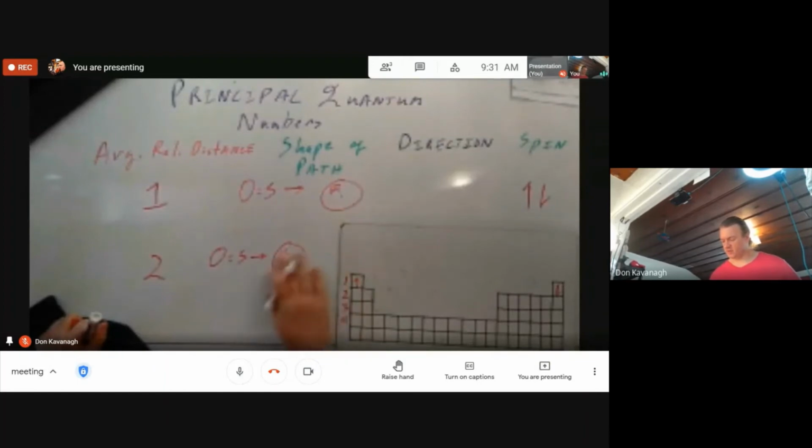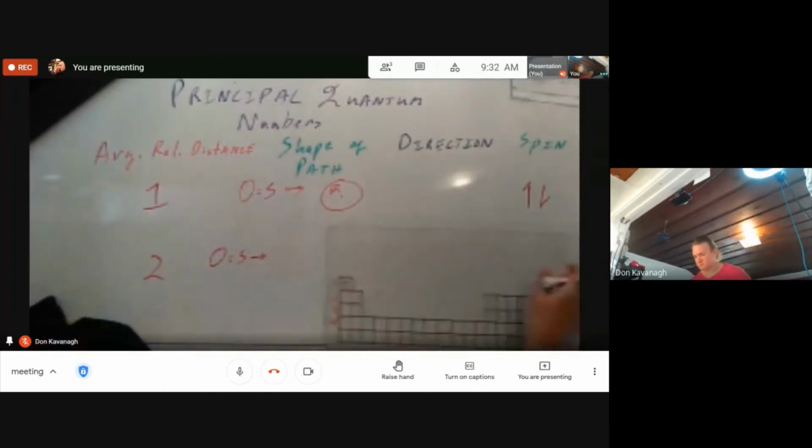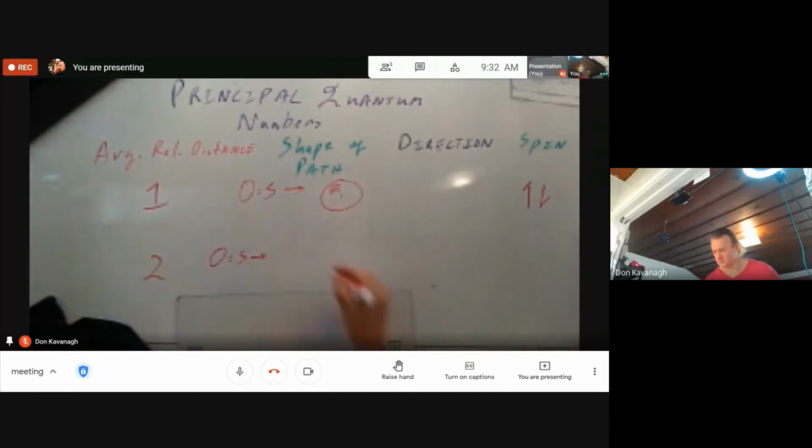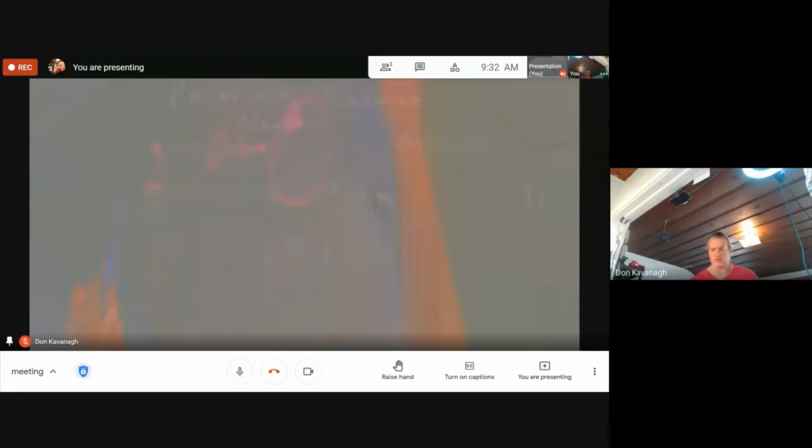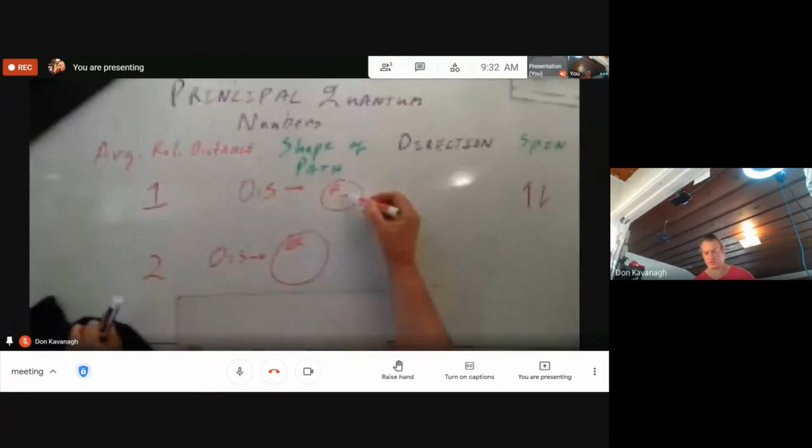And let me redraw this right here, okay? Notice the difference between these two. The 1s orbital has a smaller or shorter relative distance to the nucleus.